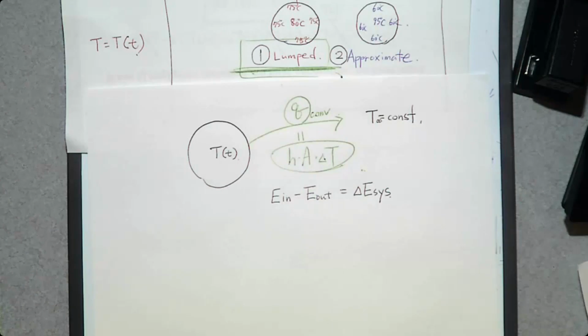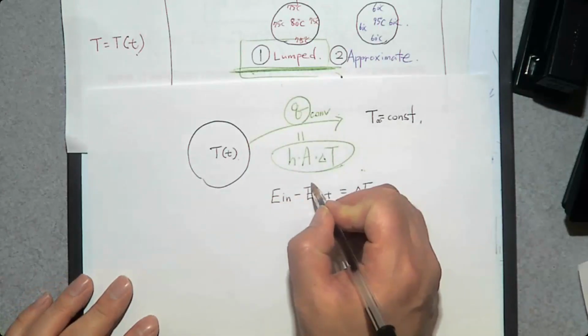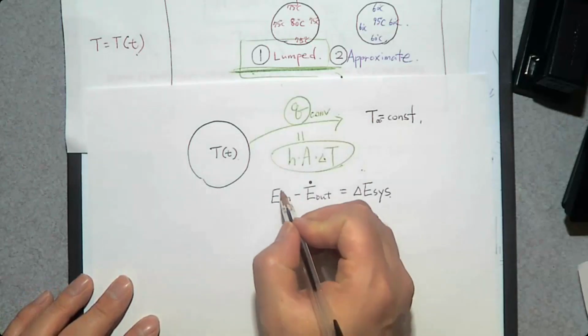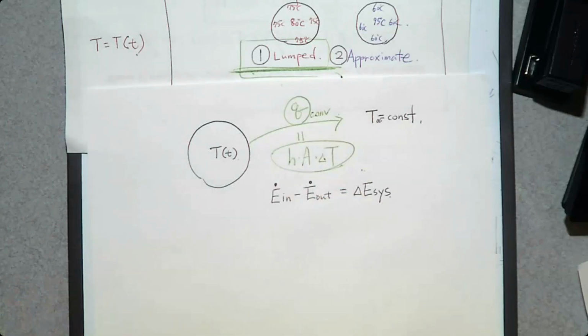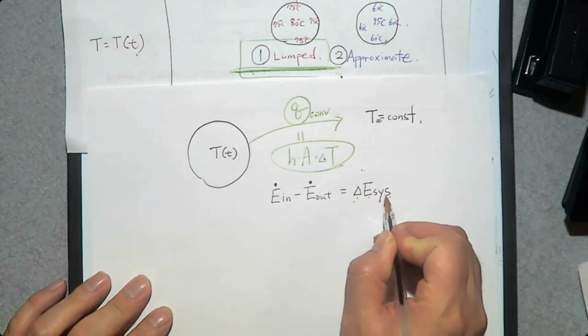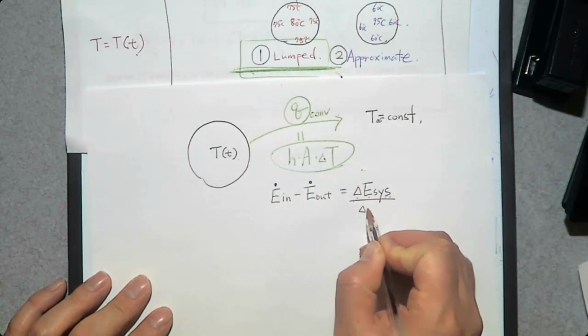It's not just energy transfer. This is the rate of energy transfer. So how can you determine the rate of energy transfer in this energy balance equation? We can divide by time. So instead of E out, we can say the rate of energy transfer out of the system, and the rate of energy transfer into the system, and the right-hand side is going to be the change of energy of a system per time.